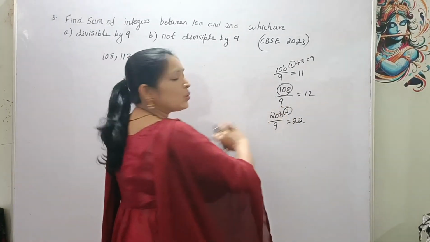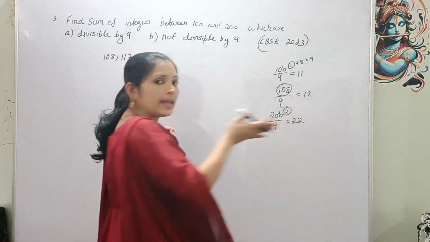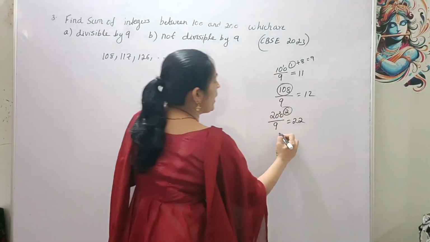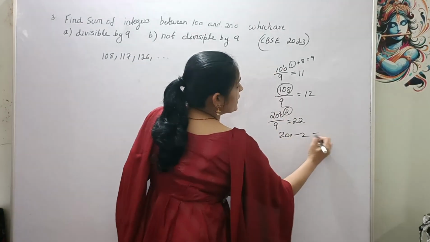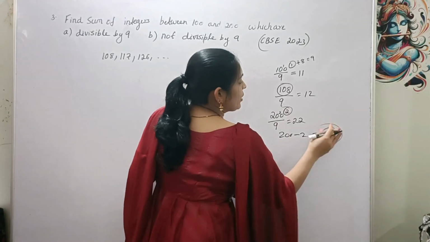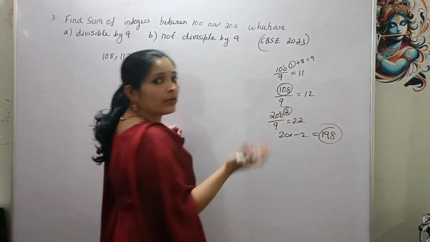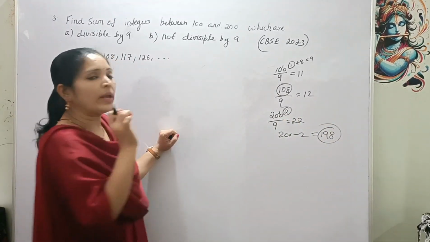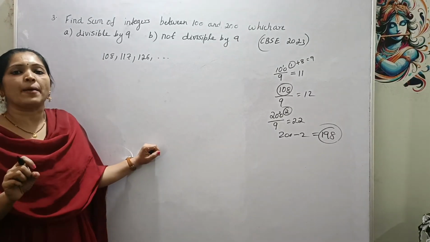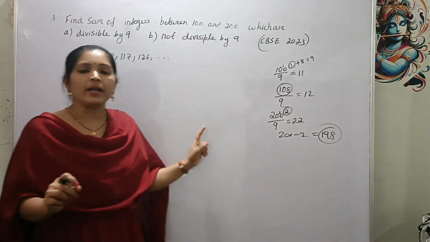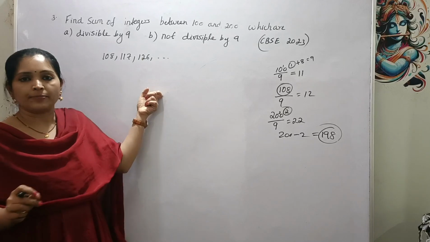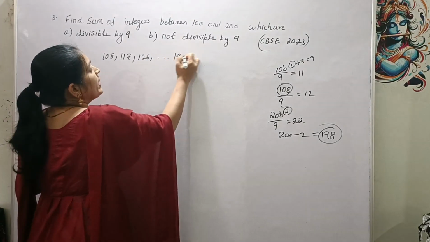Here we have to subtract, because it must be less than 200. So 200 minus 2 is 198. So 198 is a multiple of 9, the last number less than 200 which is divisible by 9.